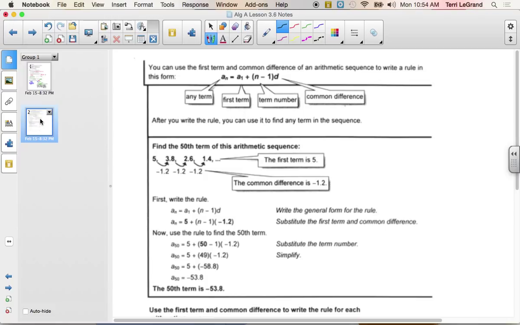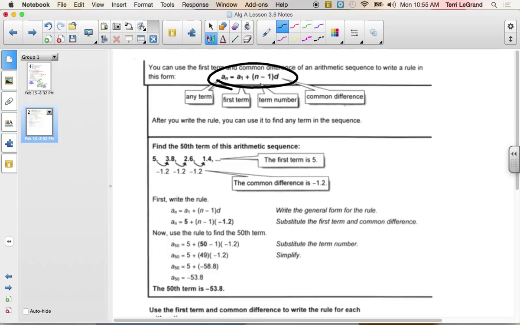So, in fact, there is a little formula, it's kind of a big formula. Here it is up here. It's kind of complicated, but it looks worse than it really is. A sub n means any term, what term you're told to find. A sub 1 stands for the first term.